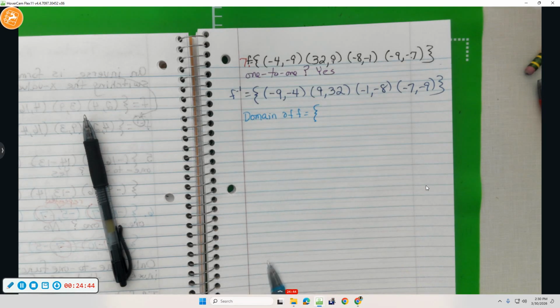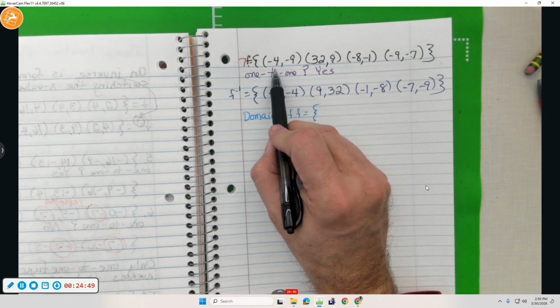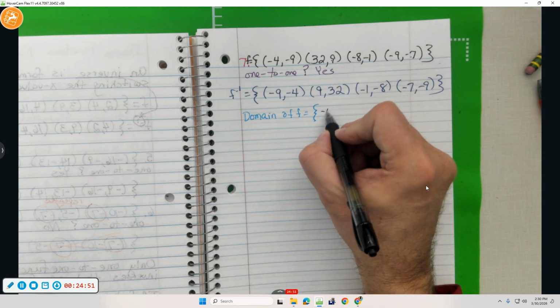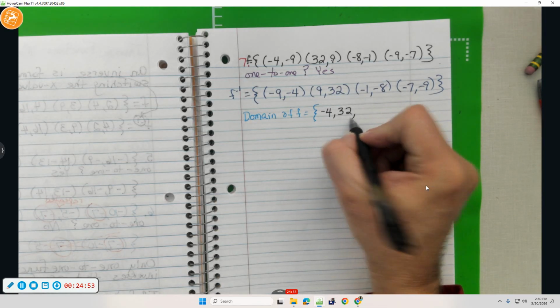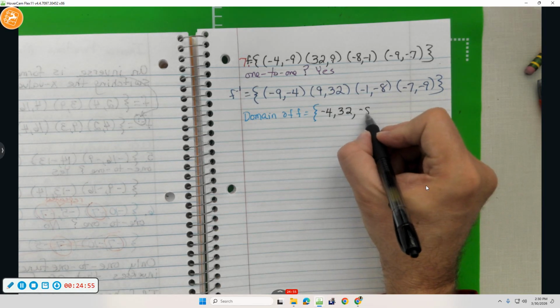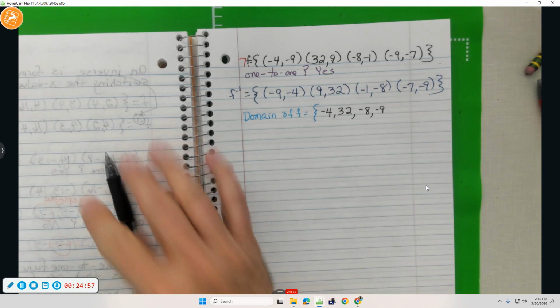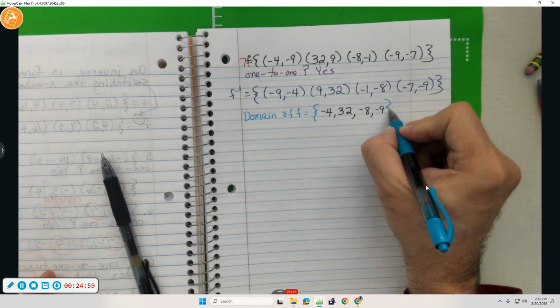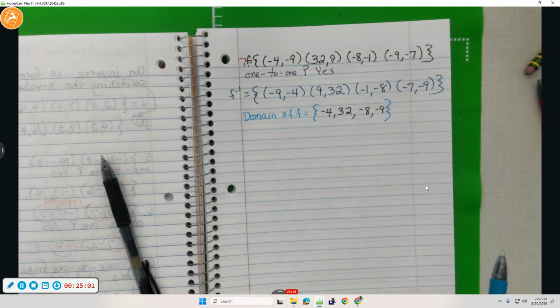Suppose someone said, write out the domain of f. Remember, those are the x values. So to write out the domain of f, we'd have -4, 32, negative 8, and negative 9. Is that the domain of f? Now let's find the range of f.